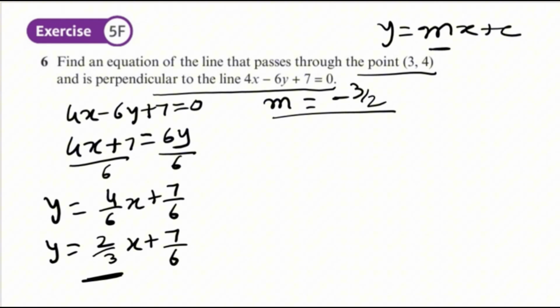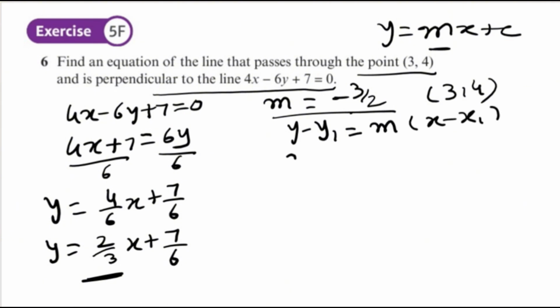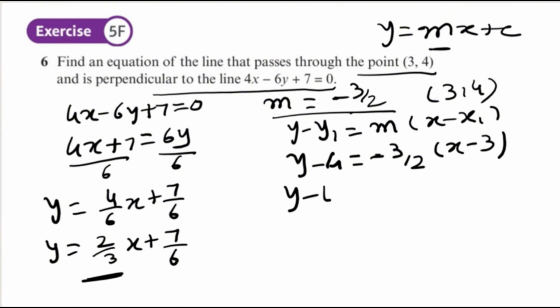Now we know the coordinate is (3, 4). Now we know the gradient, we know the coordinate, we can find the equation of the line. y minus y1 is equal to m into x minus x1. So y minus 4 is equal to minus 3 over 2 times (x minus 3). Right? So y minus 4 is equal to minus 3 over 2 x plus 9 over 2.